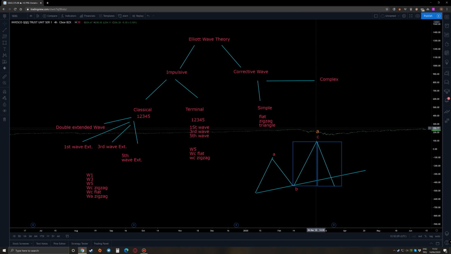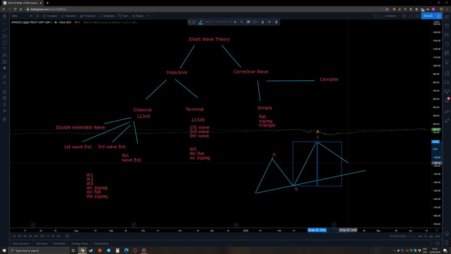Let me explain this again, and if you have had some trouble, you can go back in the video and watch it again. So, what you have to do is draw the 0 to B trend line. This is how much time wave C took to form. We just copy it and put it on the right side, and if the price action after this comes down, breaks the 0 to B trend line and comes back all the way to the B, it is a simple correction.